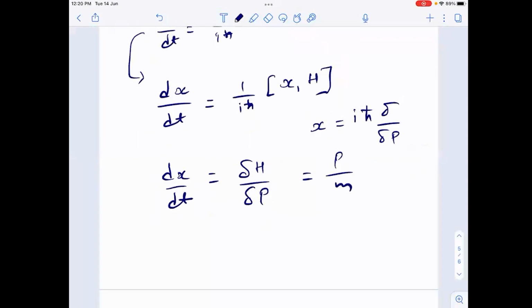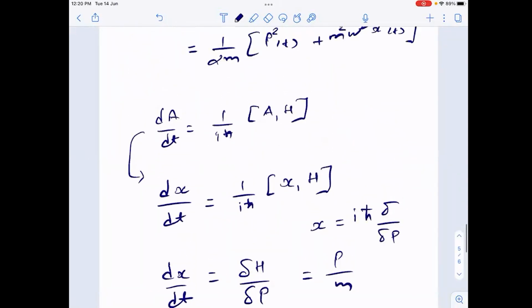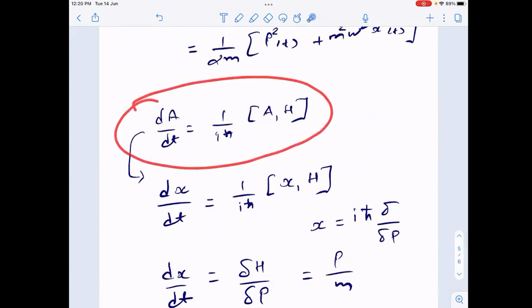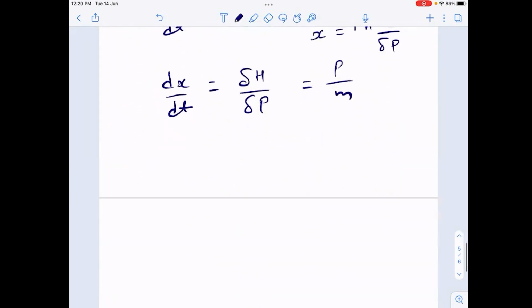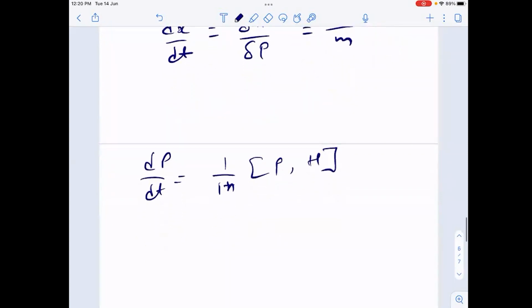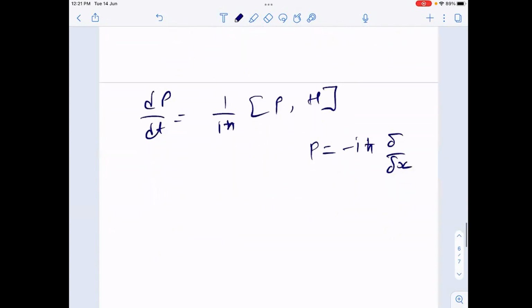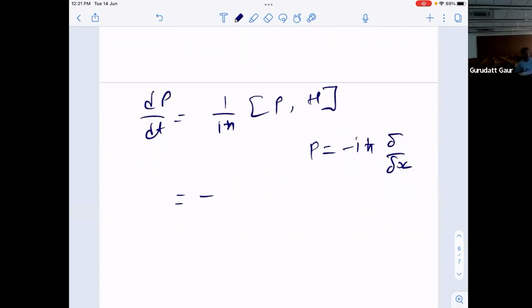Similarly, if I use this relation for my second variable, that is p, you will have dp by dt equal to 1 upon i h cut times the commutator of p and H. Now, what is the dynamical variable p in quantum mechanics? It is minus i h cut del by del x, right? Give me the answer: minus del H by del X. Excellent, right?